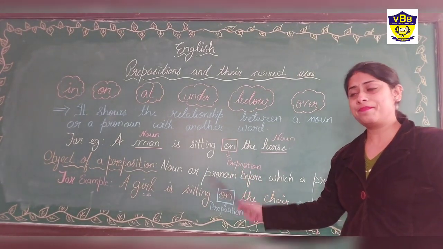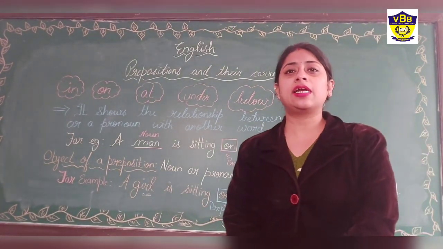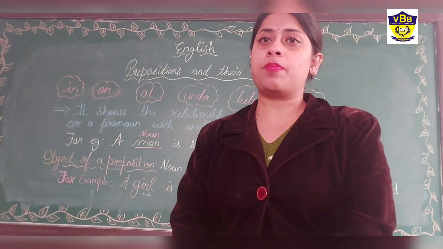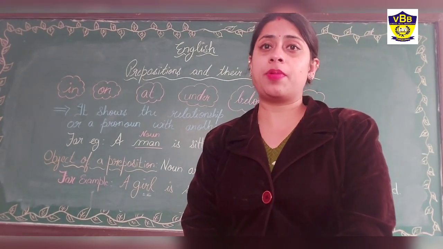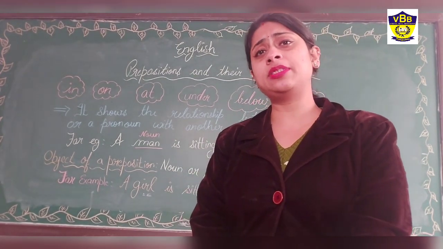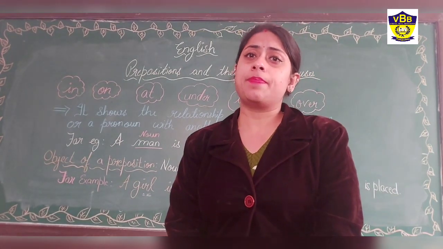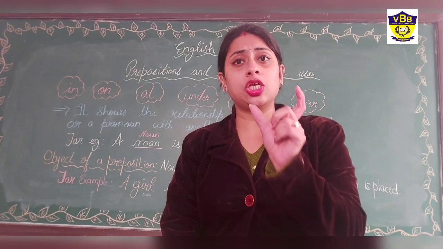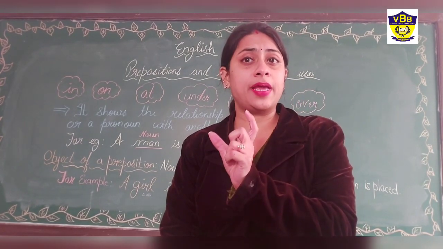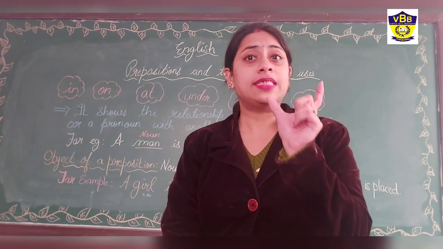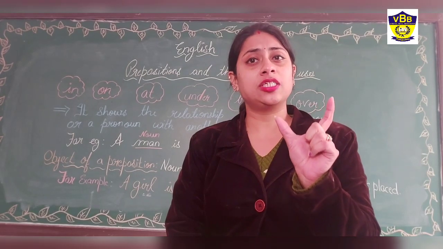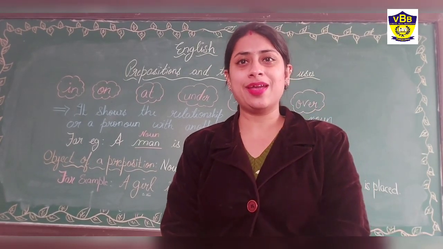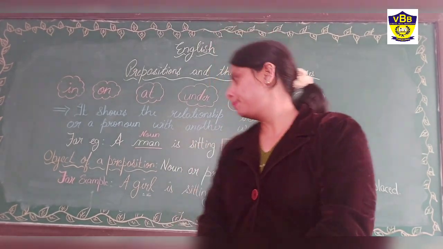Okay, clear? Now we will study about the object of a preposition. What is an object of a preposition? Sometimes we place a preposition before a word, right? That particular word before which we place a preposition, that word or phrase will be your object. Let's see one example here.